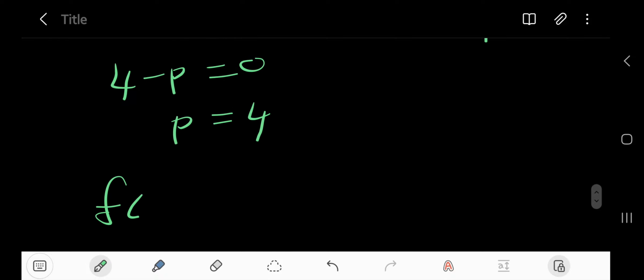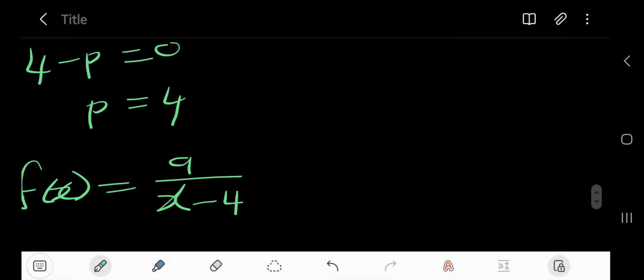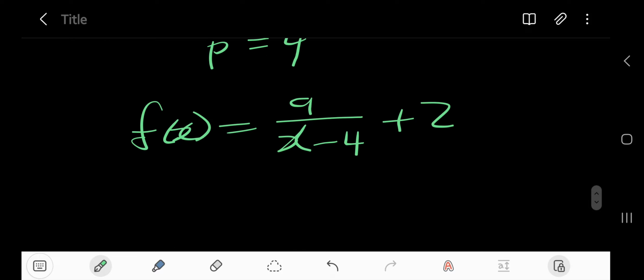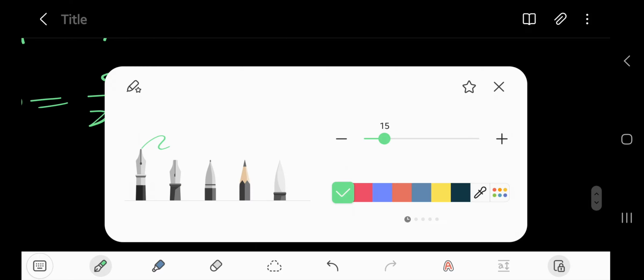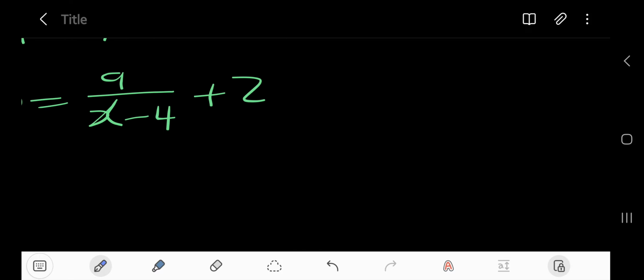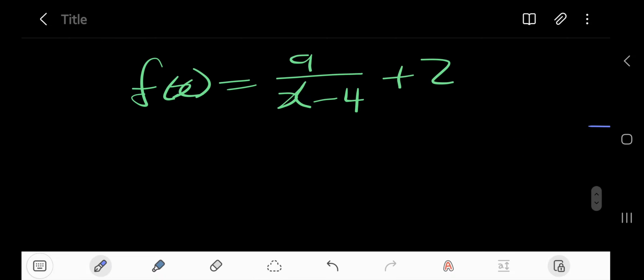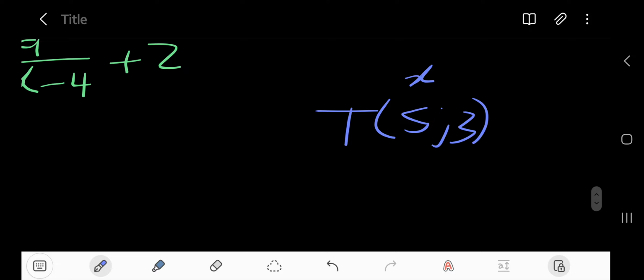So far what we have is f of x is equal to a, which is the unknown, over x minus 4, plus 2. And we can just replace. Remember, we have a coordinate, which is T, which is (5; 3). So now we know that this represents the x and this is y.